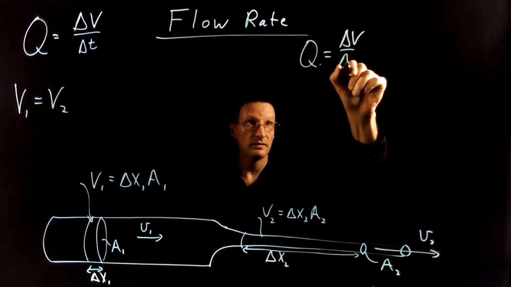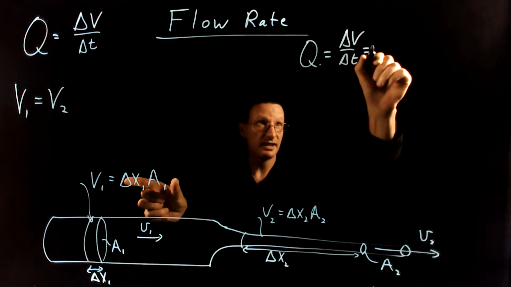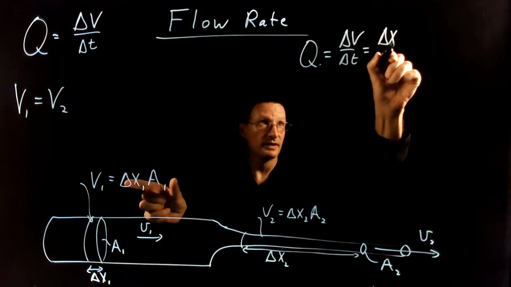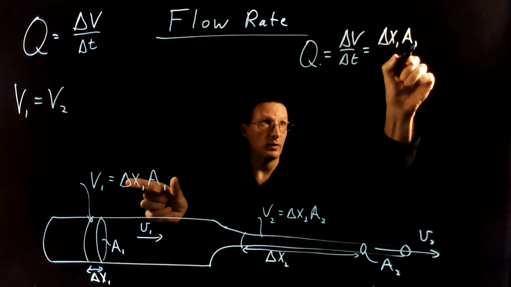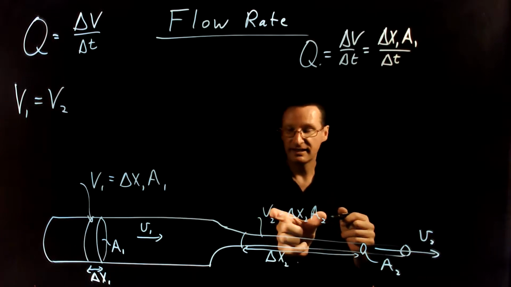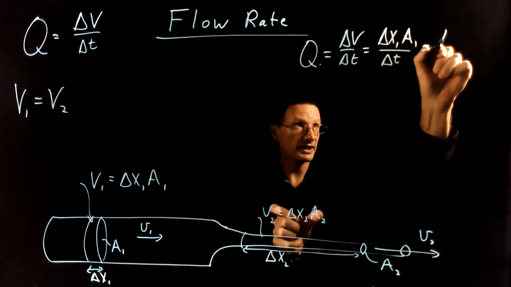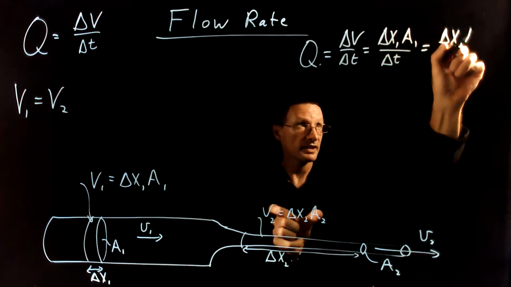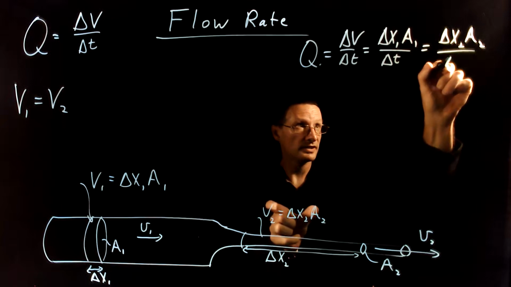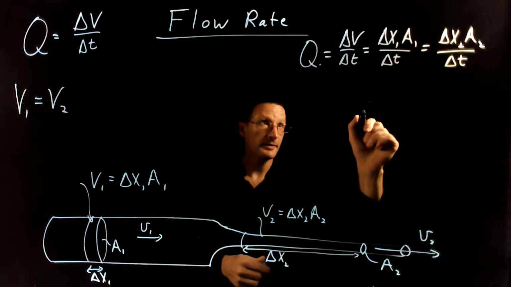So I can take this one. That's going to be delta x1 times A1 over the time interval. Or we already said these two are equal, right? So I could set that equal to delta x2 A2 over delta t. Okay, now let's look and see what we got here.